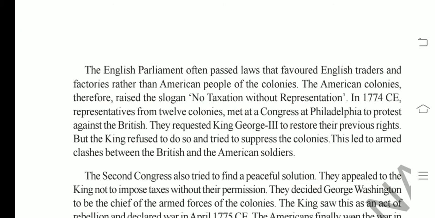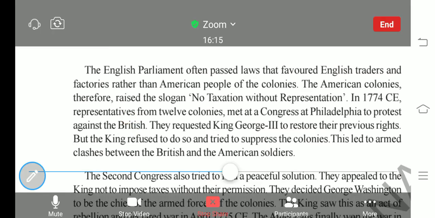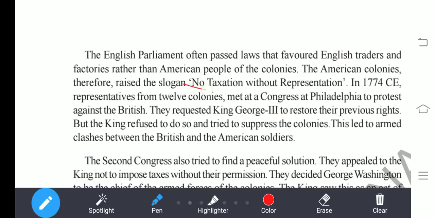So the people in 13 colonies of America started a campaign with a slogan, that is no taxation without representation. No taxation without representation.